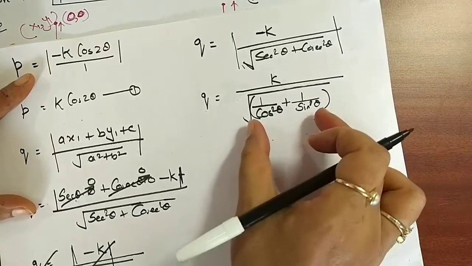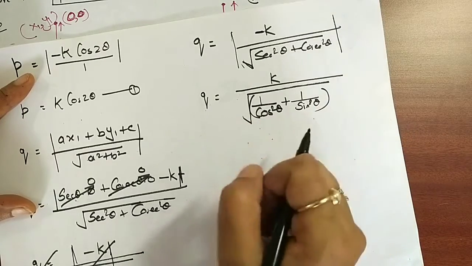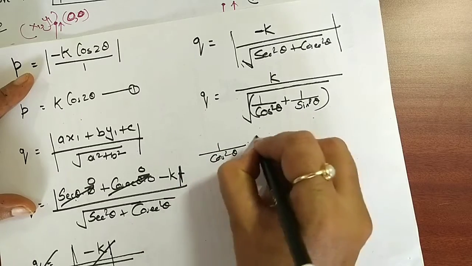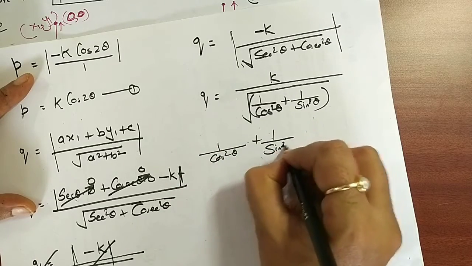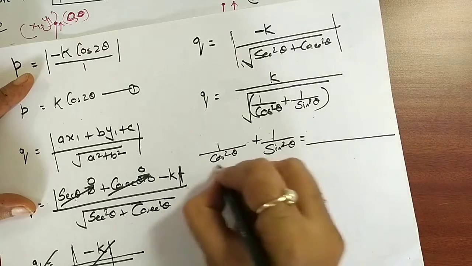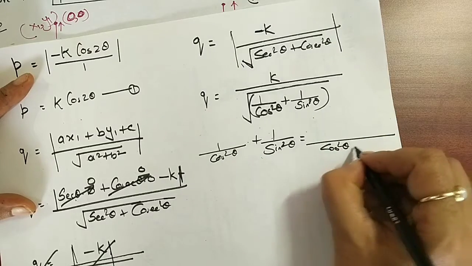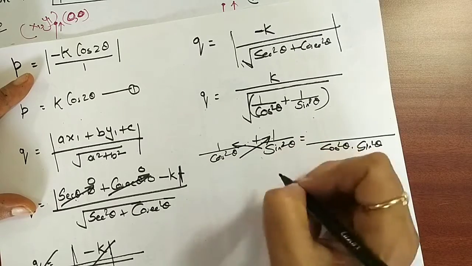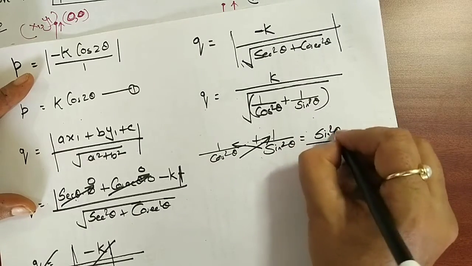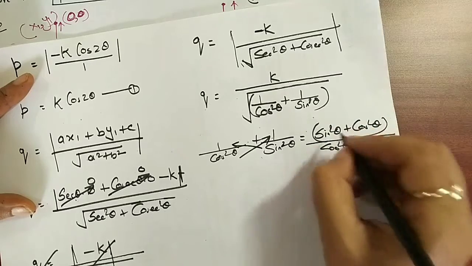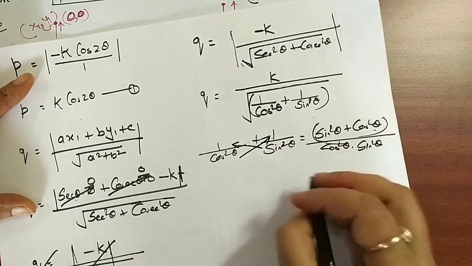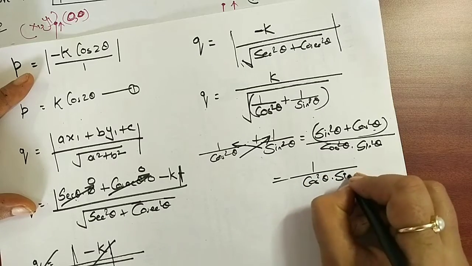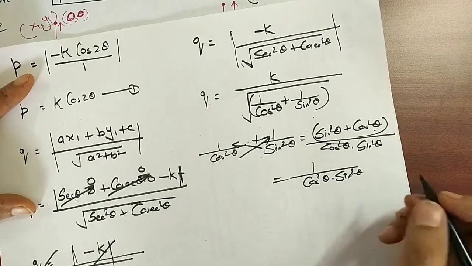Let me see only this part. 1 by cos square theta plus 1 by sin square theta: LCM will be the product of these two, cos square theta into sin square theta, and this will be multiplied here and this here. So it is sin square theta plus cos square theta, which is nothing but 1. So it will be 1 by cos square theta sin square theta.